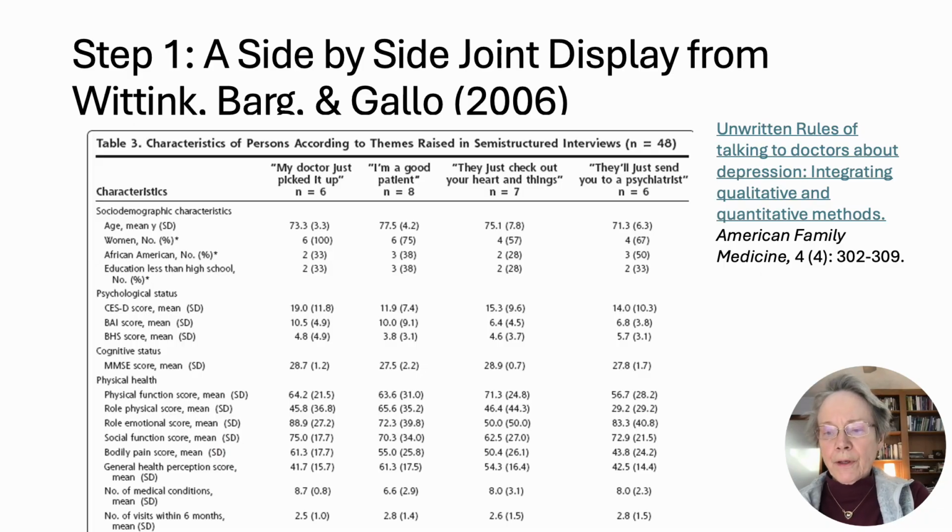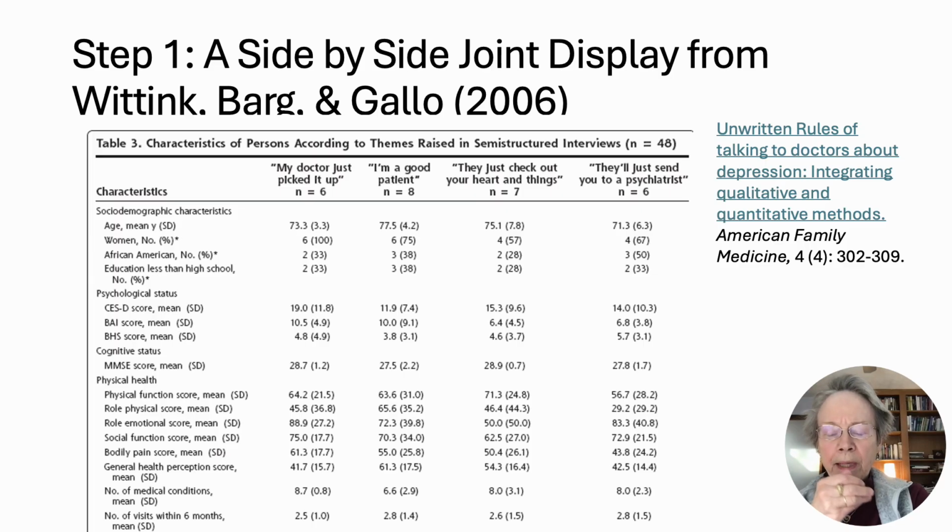So let's delve into this idea of the evolution of joint displays. If you think about the literature about mixed methods, it really began to emerge in the early 2000s, 88 to 98 to the early 2000s.